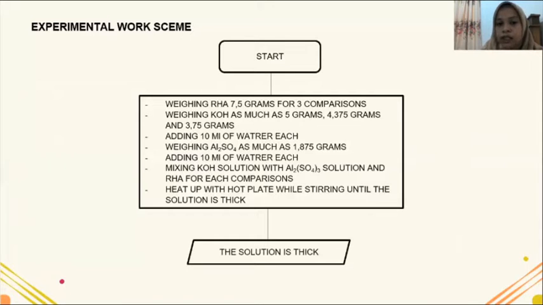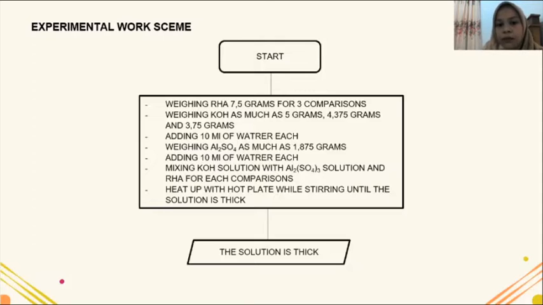Weighing aluminum sulfate as much as 1.875 grams. Adding 10 milliliters of water each. Mixing calcium hydroxide solution with aluminum sulfate solution and RHA for each comparison.